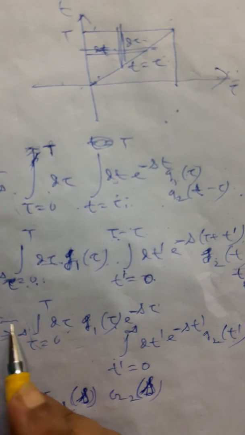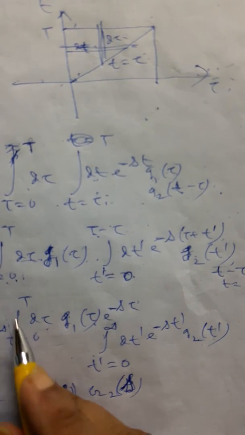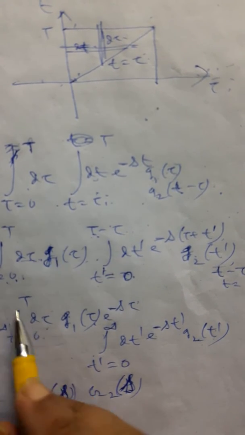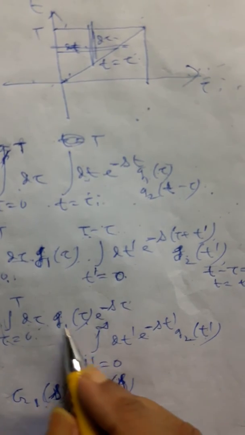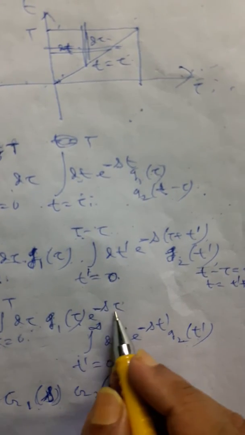So finally we have the limit as T tends to infinity of the integral over tau from 0 to T d tau g1(tau) e^(-s tau).